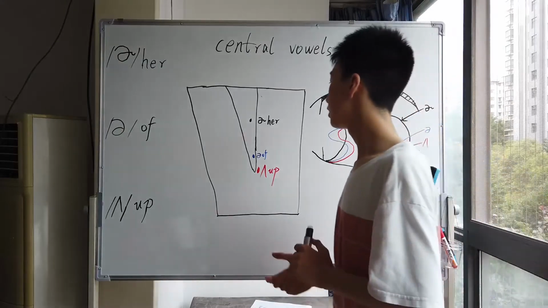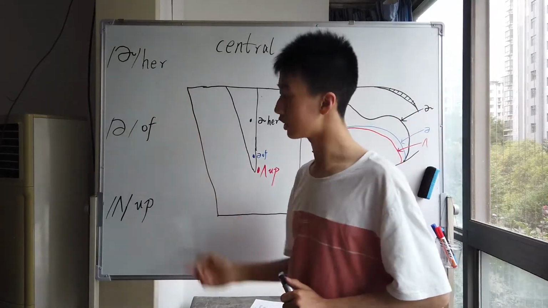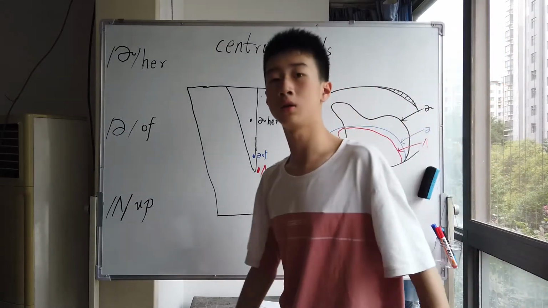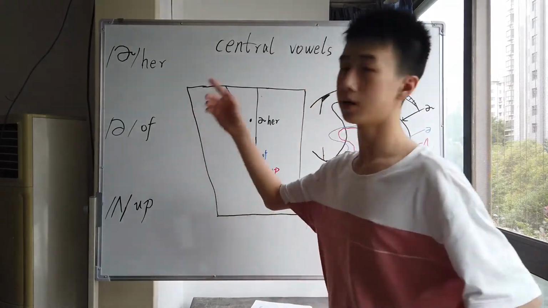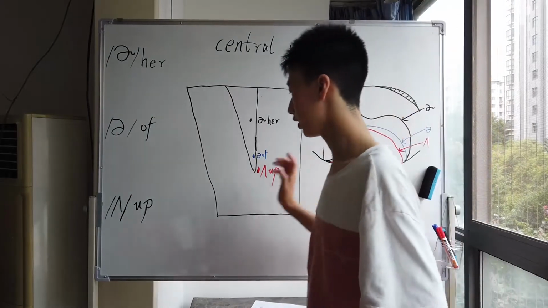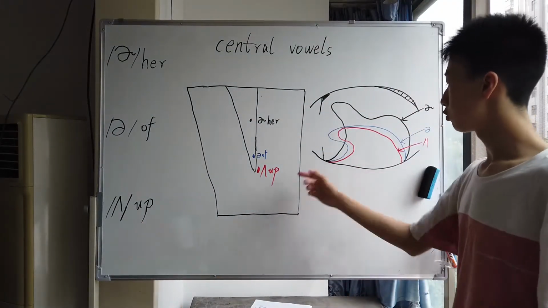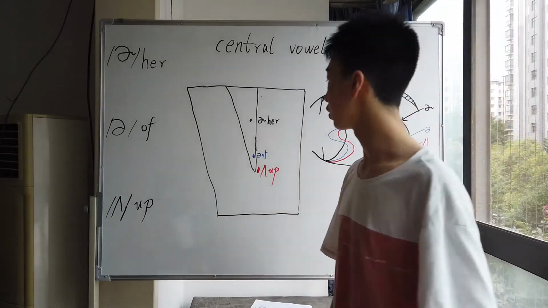So first we can see here that there are three central vowels. First is a combination between the schwa and the r, and the second is just the schwa, and the third is the sound. And I've drawn two sort of mouth position maps for the two.